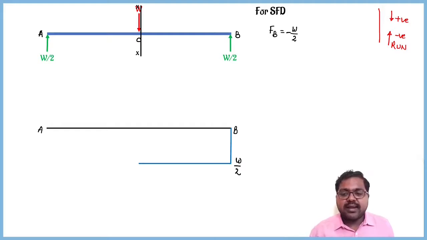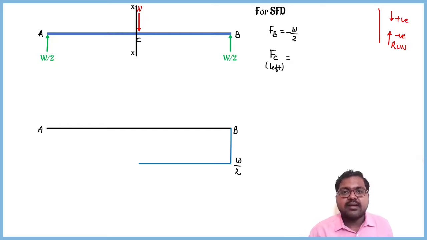Then immediately to the left side of C, if we move the section, the shear force may vary here. So let us calculate the shear force at C, that is FC, which is immediate left.